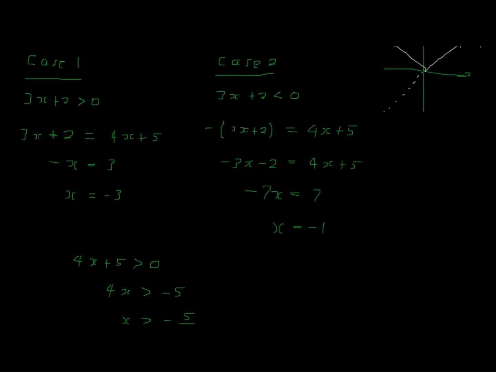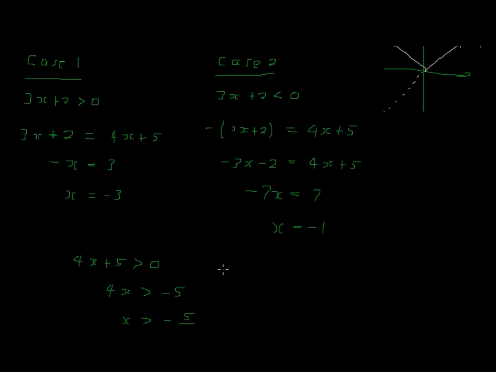So if x has to be greater than a value very close to -1, we see that x equals -1 could probably work. I mean, it is in that range where x is greater than -5/4. But this value of x equals -3 is not in this interval.